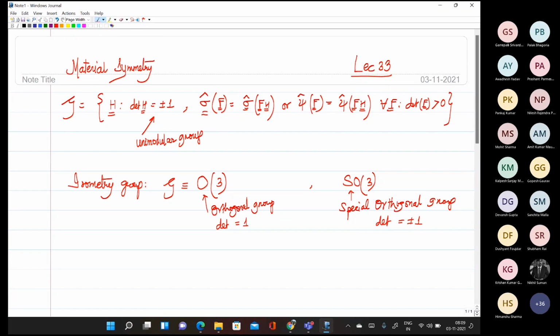I wrote isometry, it should have been isotropy. If it's an isotropy group, then the group contains all orthogonal tensors, which have determinant equal to plus minus 1. And for the special orthogonal group, determinant is just equal to 1.